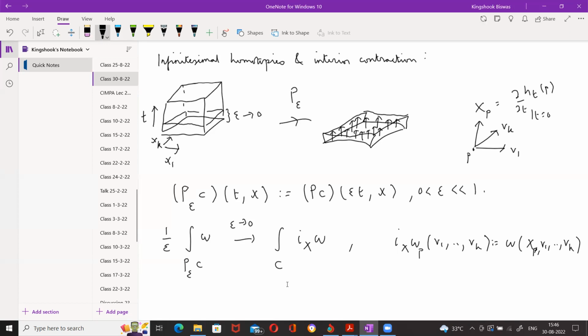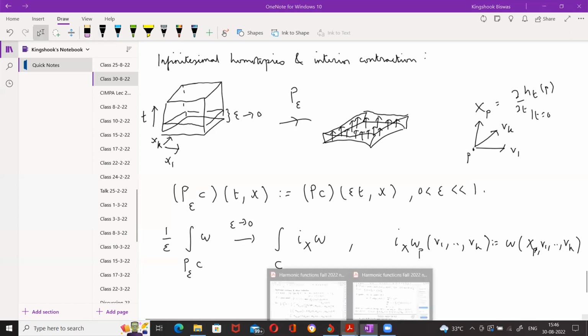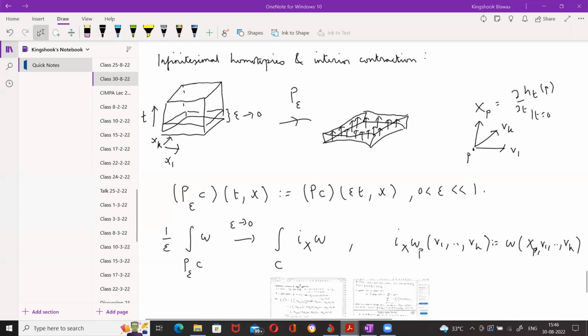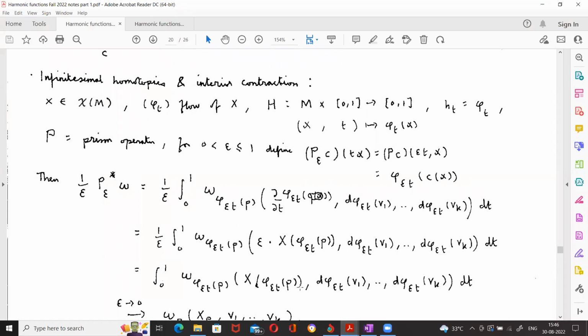All right, so let's prove this. So now let's come back to the notes. I'm just going to do this for a homotopy from the manifold to itself, not from the manifold to another manifold. So suppose I start with a vector field x on M, and I let phi t be the flow of x. So that gives me a homotopy. There's a typo here: the homotopy goes from M cross 0,1 to M, not to 0,1.